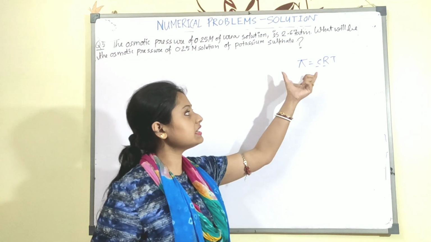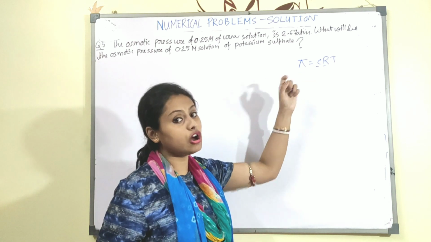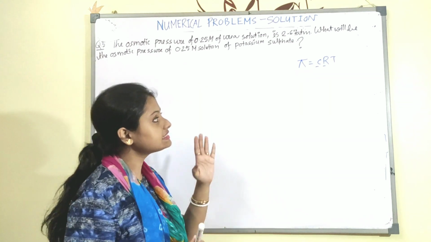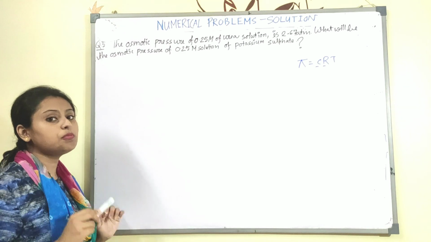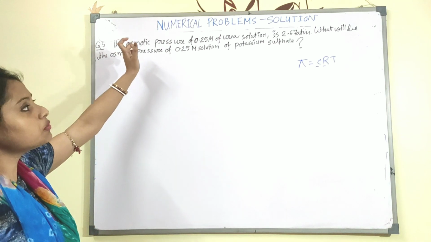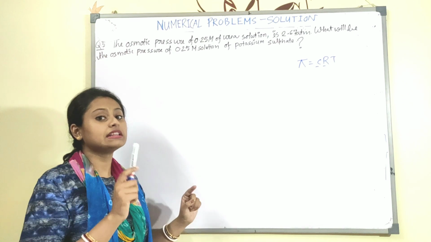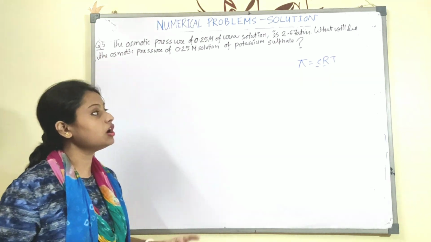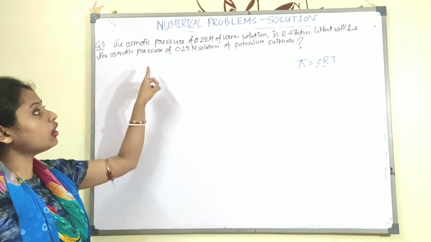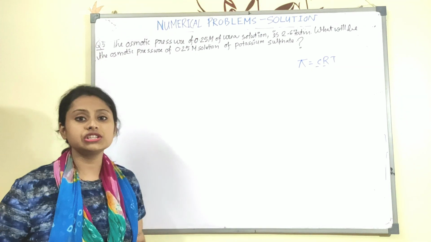This is the easiest formula to calculate osmotic pressure. But this problem has two parts. First, the osmotic pressure of urea solution is told, and with the help of that, we need to calculate the osmotic pressure of potassium sulfate.